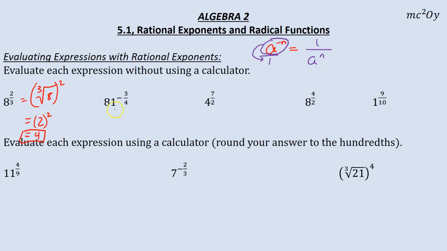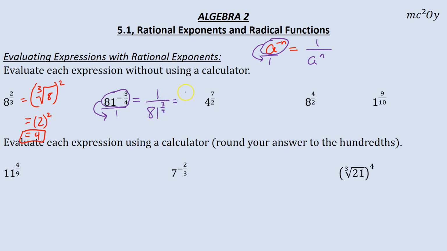So when I'm dealing with 81 to the negative 3/4, really, that means that I need to write this as a fraction, and the base that's being raised to a negative changes sides. So I now have 1 over 81, and the 3/4 now is positive.